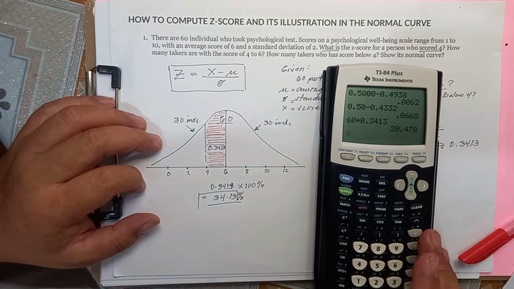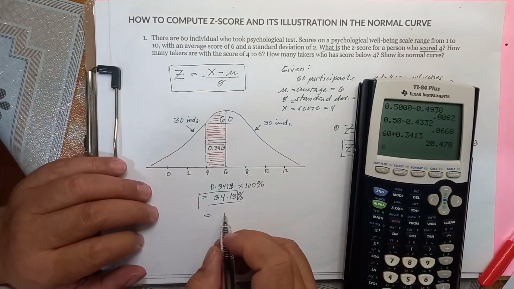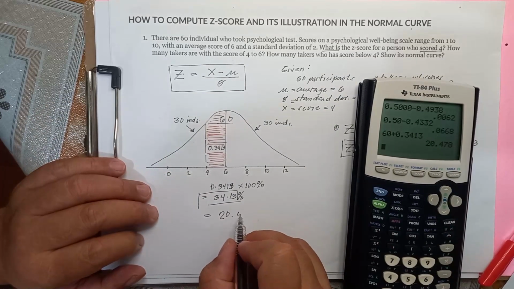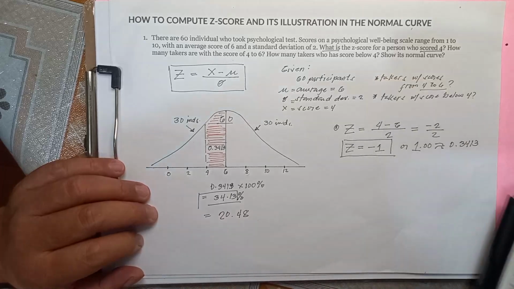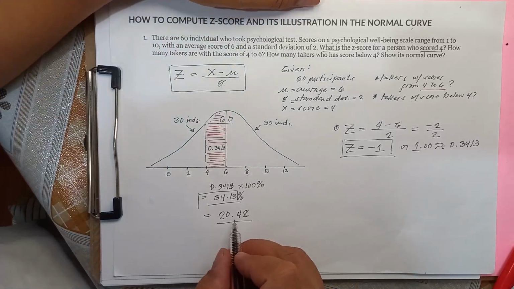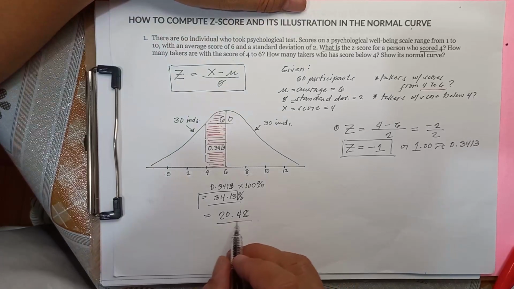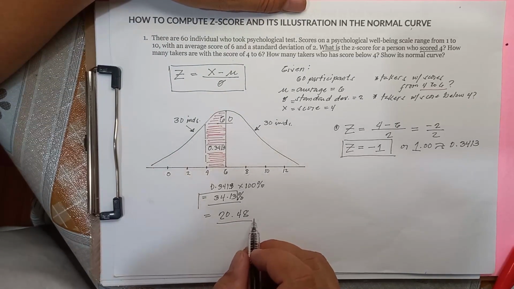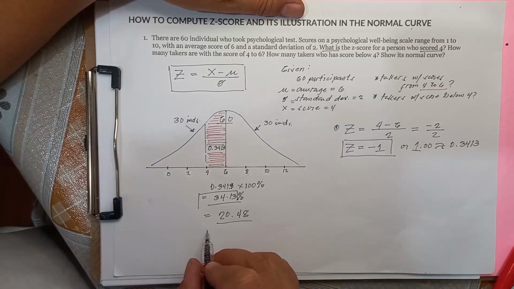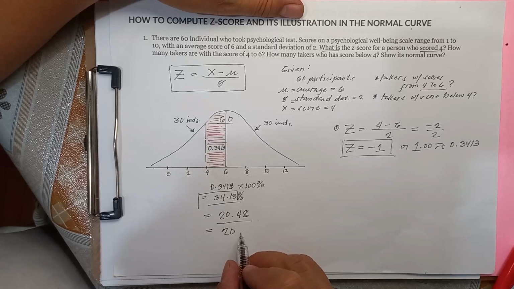The answer would be 20.48, meaning that is actually the participant, but we have to consider this decimal. When we have the decimal, this represents an individual, but of course we tend to say that there are 20 participants.